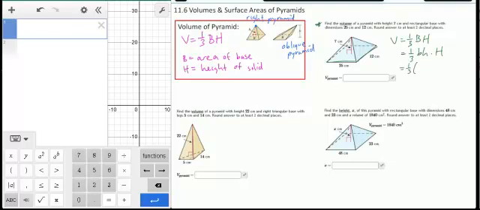And so now you plug in your measurement. So 25, your corresponding height of that rectangle, 12. And then the height of the solid, notice it's given here as this perpendicular from the vertex to that base of 7. And so this one fits nice and easily directly into the calculations.